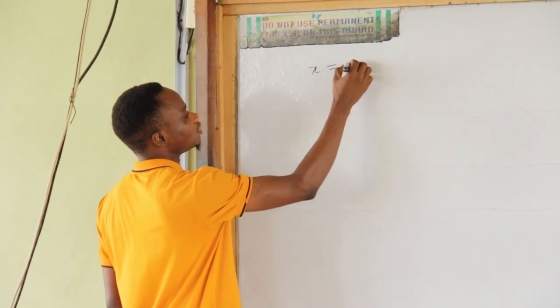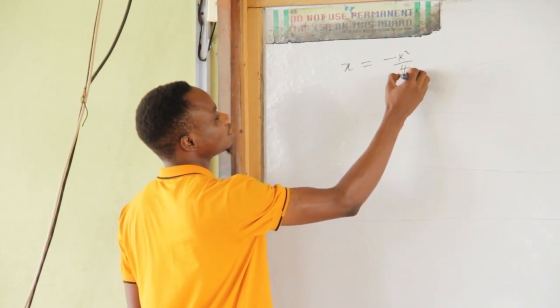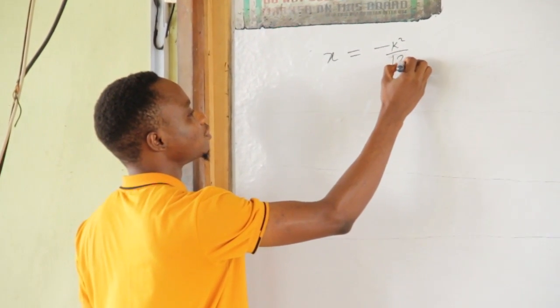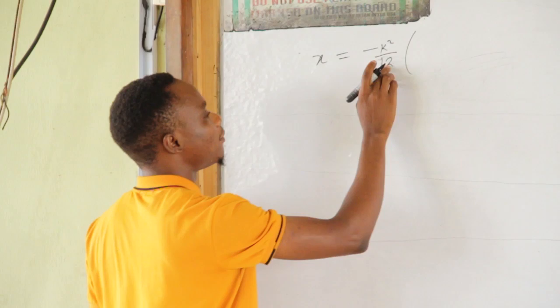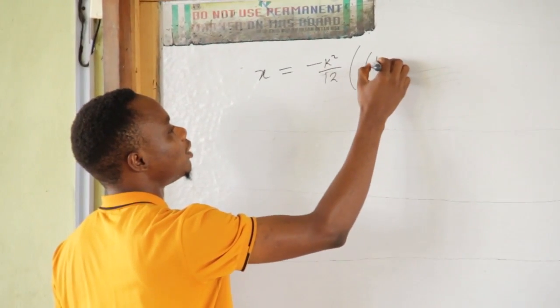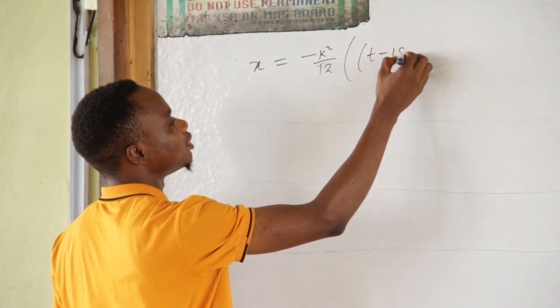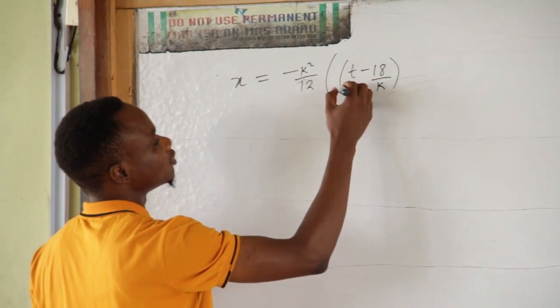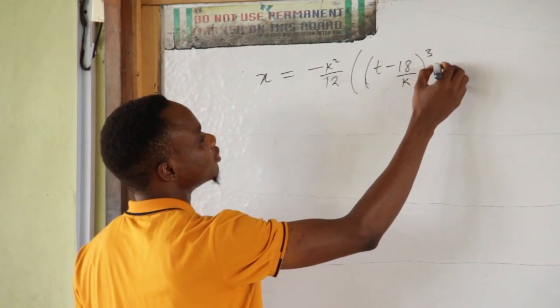Minus k over 12, sorry. Open another bracket, c minus 18 over k. It's like this, close the bracket. Keep this one, the other one.